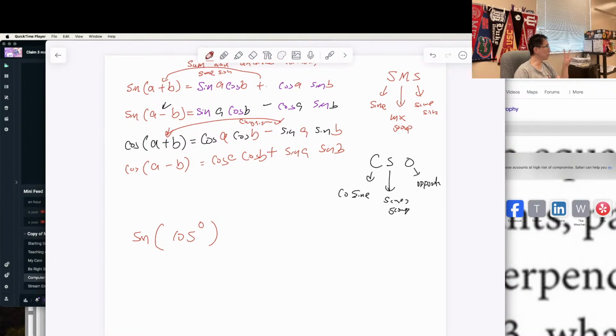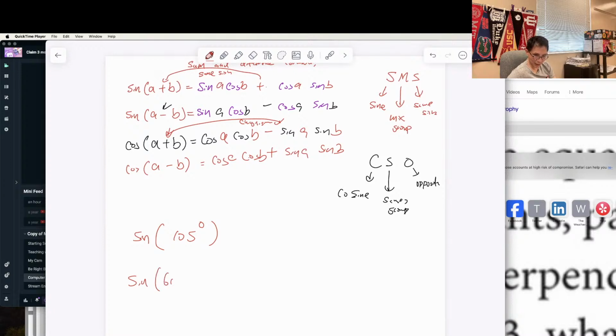So which two unit circle degrees add up to be 105? It can be any combination. 90 plus 60 is going to be more than... No, that's okay. Let's start thinking. Nobody make fun of it. People make mistakes. I do all the time. 60 and 45. Thank you. So can I rewrite this as 60 plus 45 degrees?